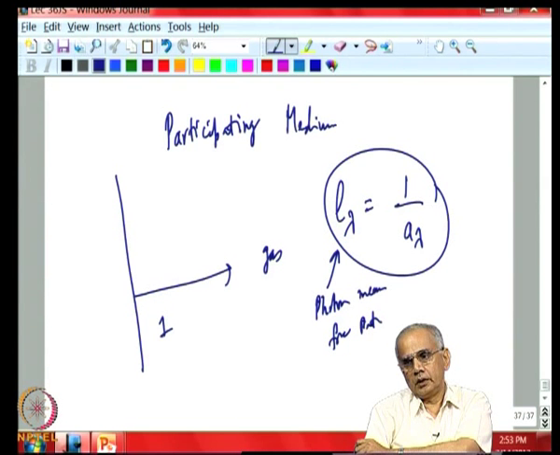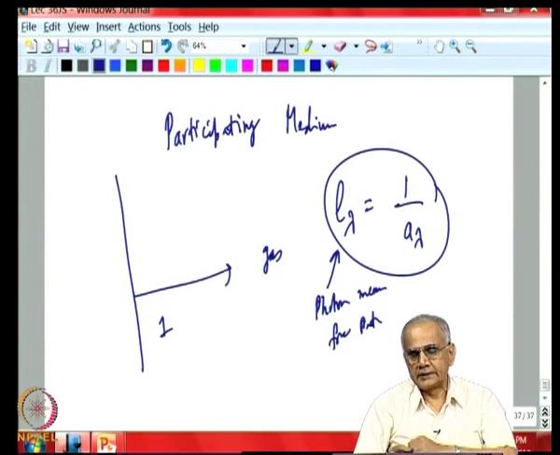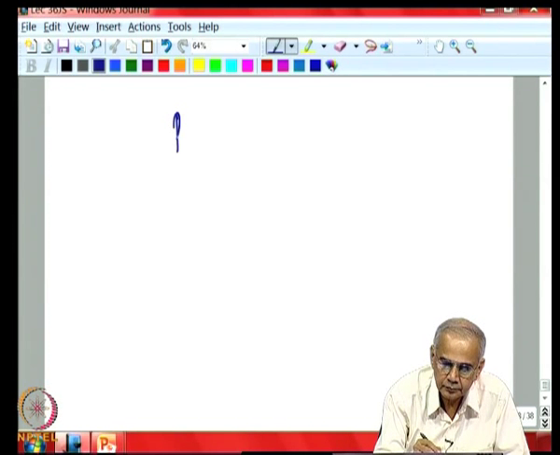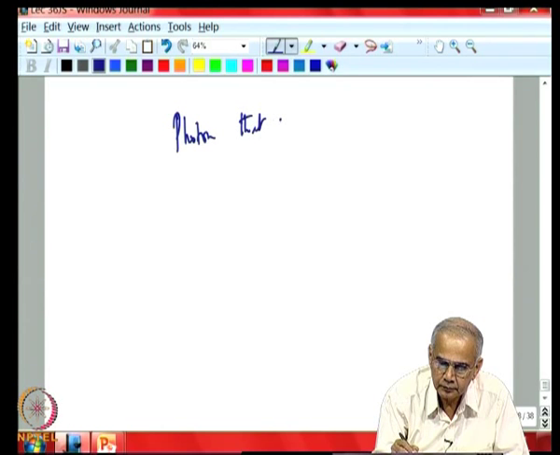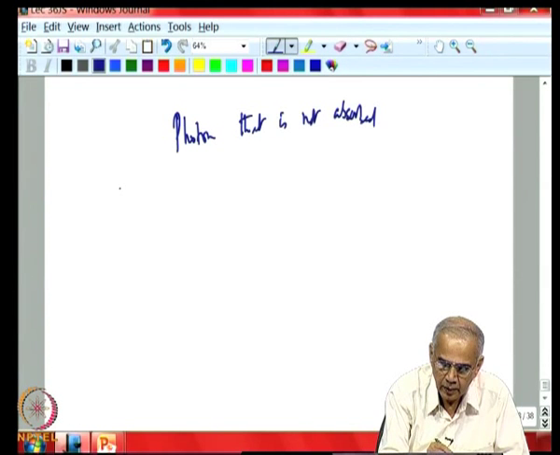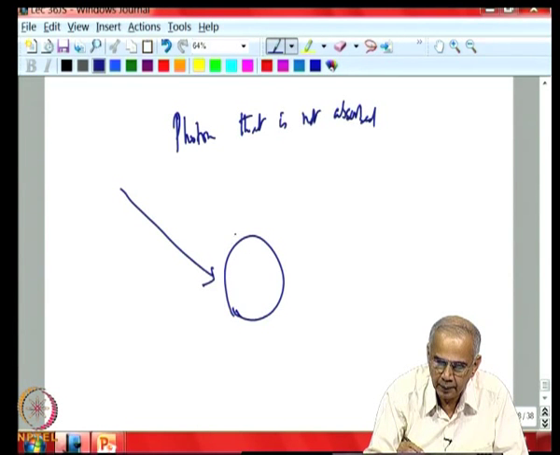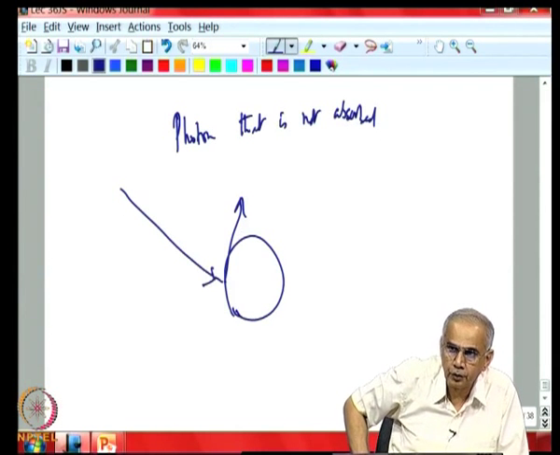Now, if the photon is not absorbed, then it is scattered. So, that is now a new story. Radiation came from some place and hit a particle, and that particle does not allow the photon to be absorbed.